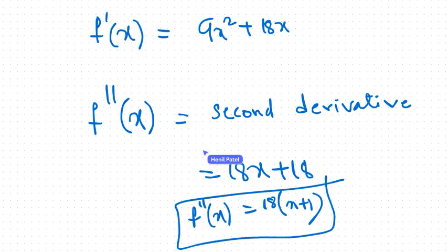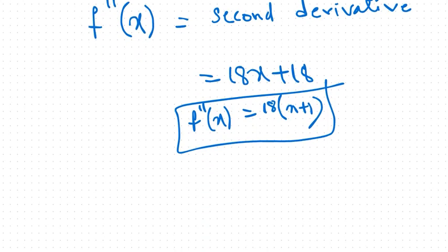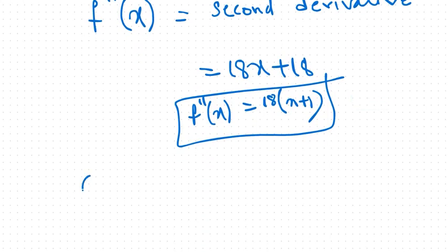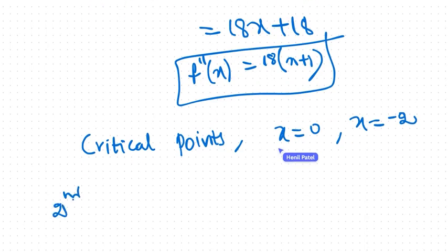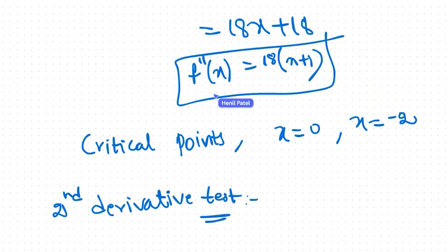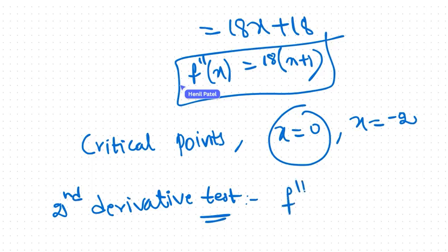So the critical points we obtained earlier were which ones? 0 and minus 2. So the second derivative test means you put these values in f double dash of x, the second derivative. f double dash of 0 will be how much? 18.